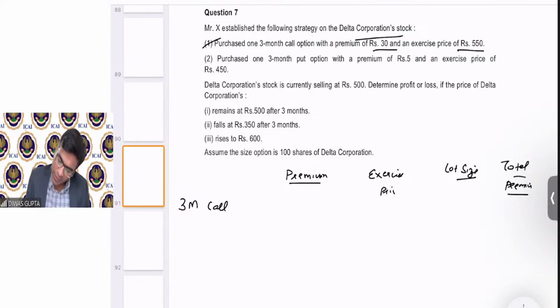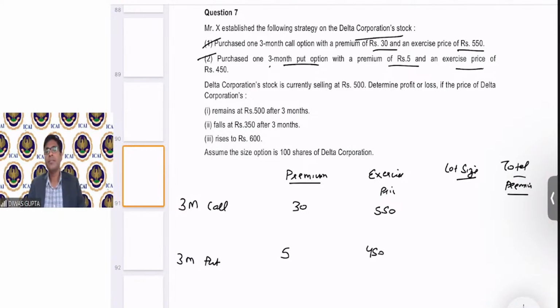The premium was 30 rupees. Exercise price is 550 rupees. Simple. Then purchased one 3-month put option with a premium of rupees 5 and an exercise price of 450, students.